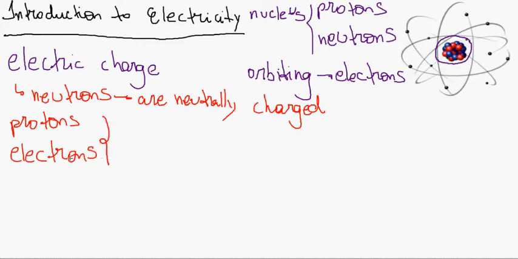And what's a charge? Well, it's, for example, like mass. What's mass? Well, mass is an intrinsic characteristic of the particles. Things have mass. It's an intrinsic, an inherent characteristic of the particles. And so is the charge for protons and electrons.